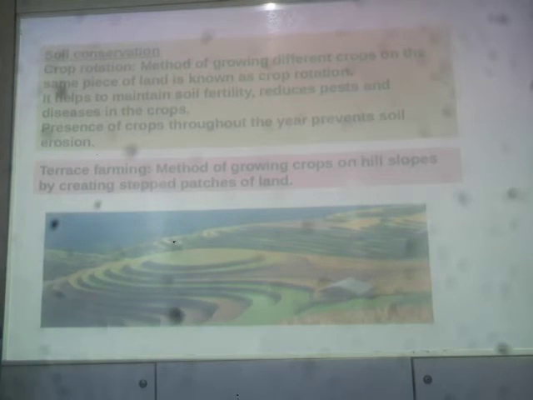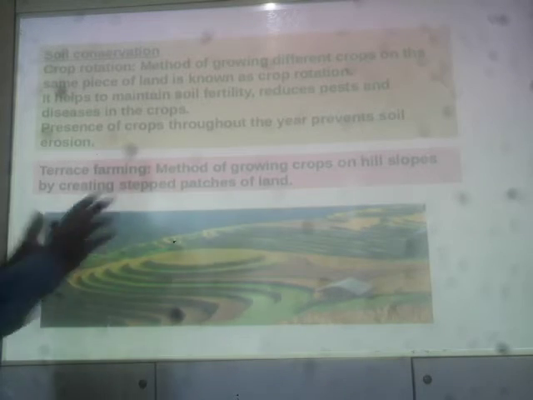Crop rotation is a method through which we can preserve the soil and prevent soil erosion. How come? Crop rotation is a method of growing different crops on the same piece of land.